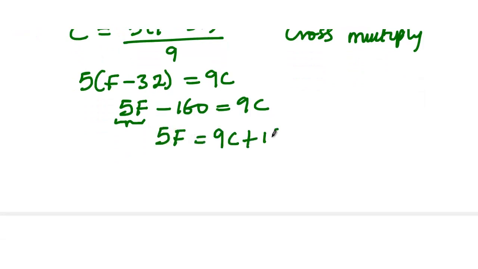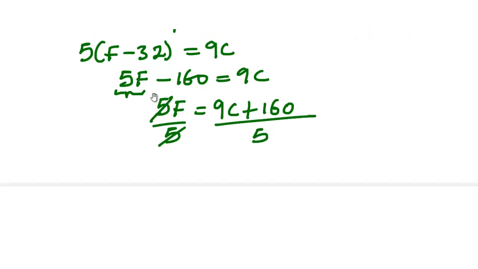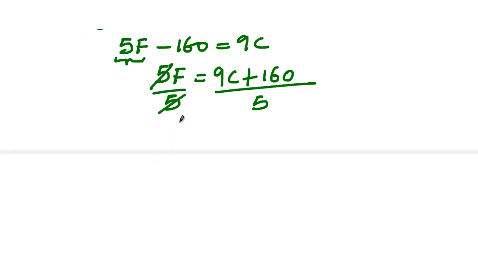9C plus 160. So the next thing is to divide both sides by the coefficient of f, which is 5. 5 divided by 5, so 5 cancels 5. So what we have left is F. F in this case will now be (9C plus 160) divided by 5. Excuse me, let me write it. That's 9C plus 160 divided by 5.